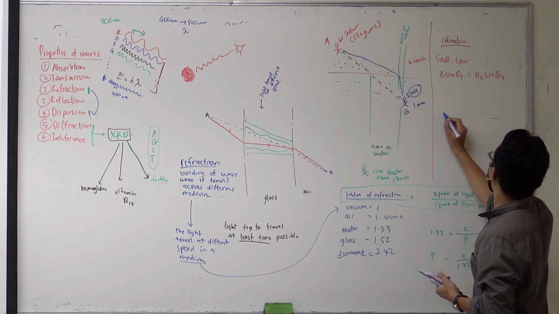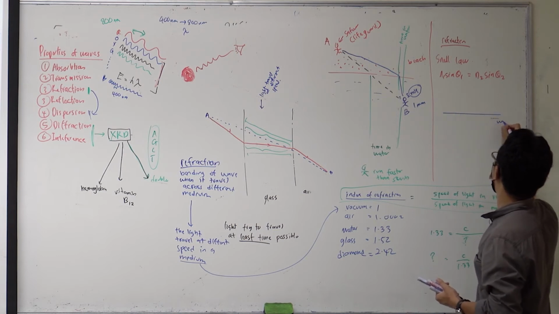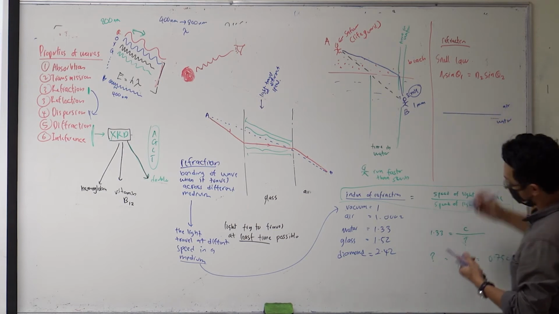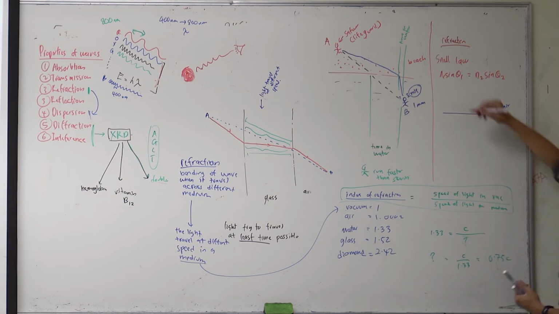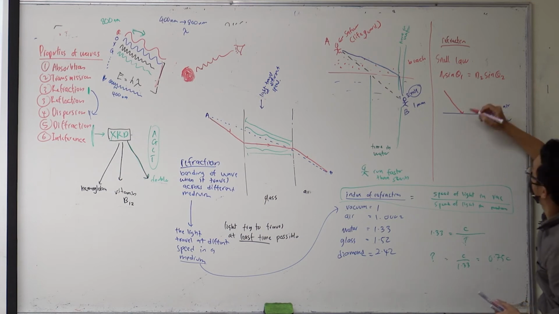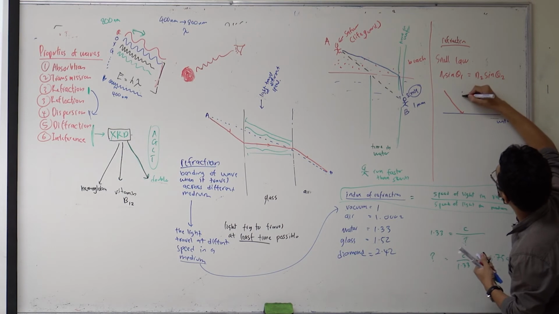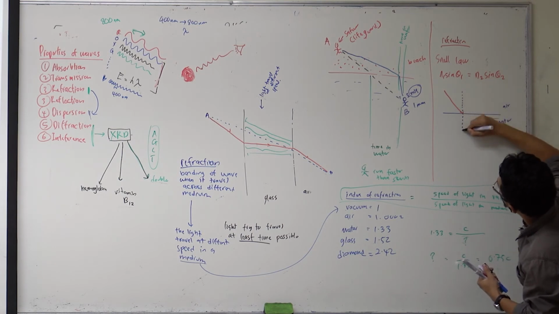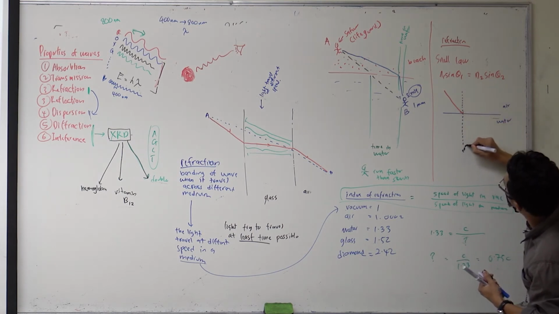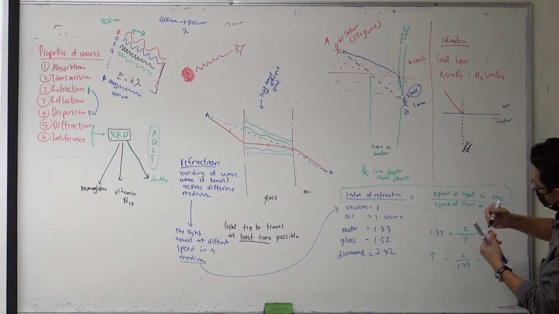So let's say you have something like this, and this is water, and this is air. When the light comes through like this, the light will bend. Imagine we draw the normal plane here.